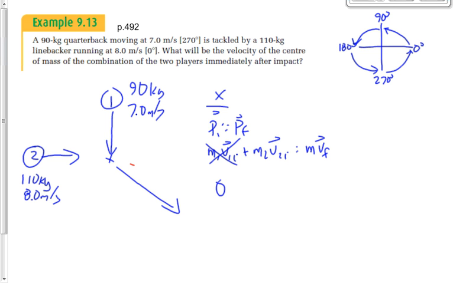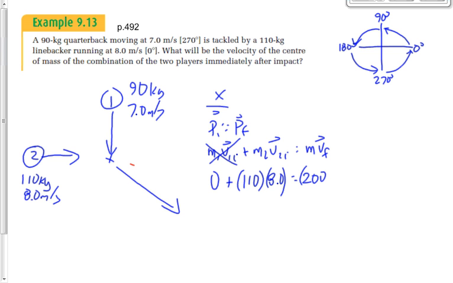Good. Anything on the y-axis we're ignoring. We're pretending it's nothing because we're only dealing with the x-axis here. Now, M2 is 110 kilograms and V2I is 8 meters per second. It's on the x-axis, so we have to include that. The combined mass is still 200 kilograms.